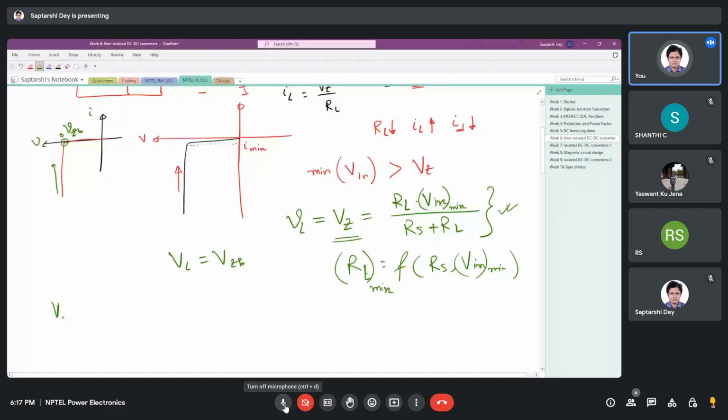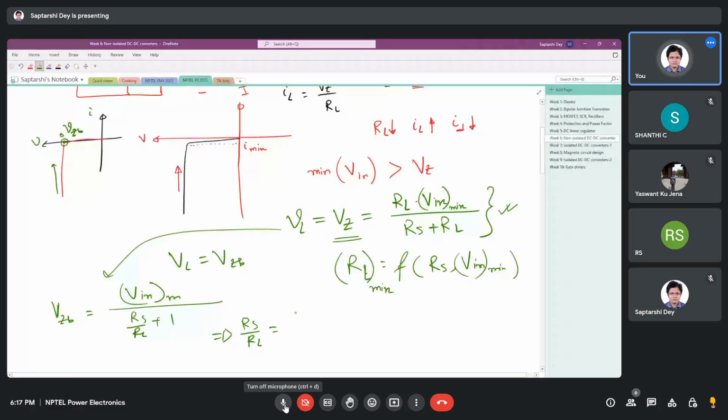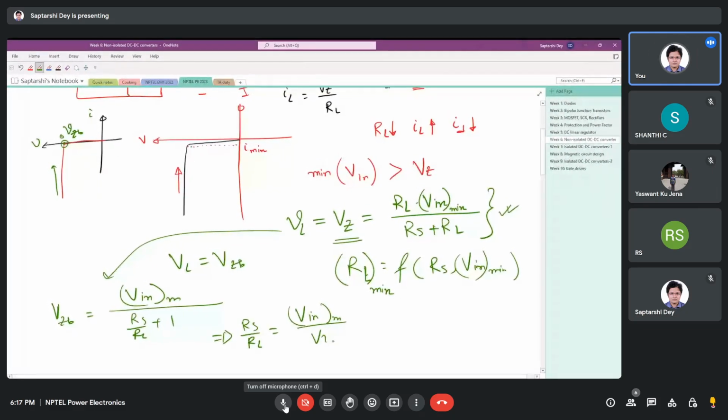Okay, so VZB, I'm writing from here, equals V in minimum by RS by RL plus 1. So what we have is RS by RL equals V in minimum by VZB minus 1.